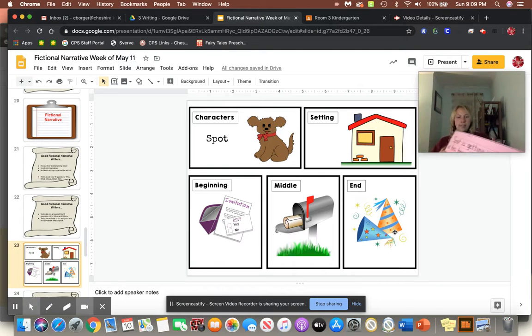And if I'm all through with my writing, I can even add a picture. And I might be adding pictures to my writing all along. But I would draw the picture of Spot, and let's see. I'll have him be over here. And let's have him wear a party hat.